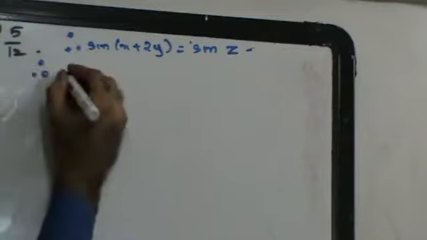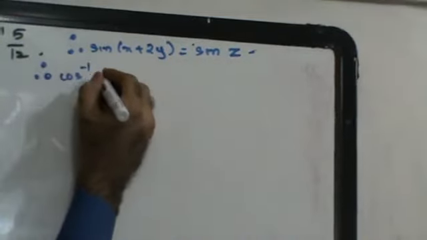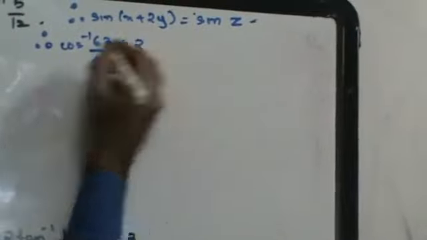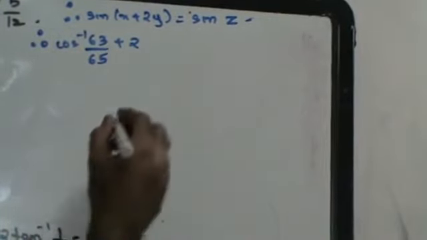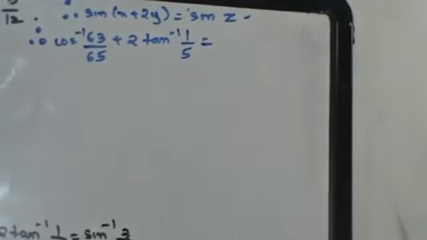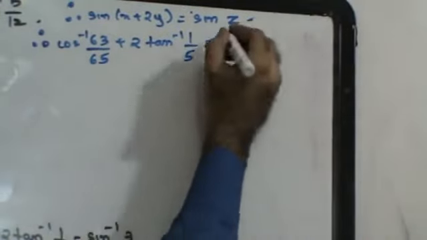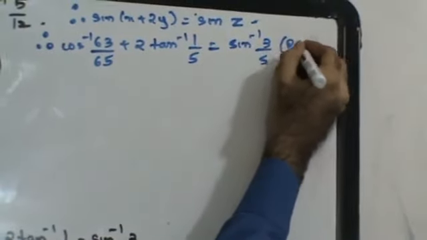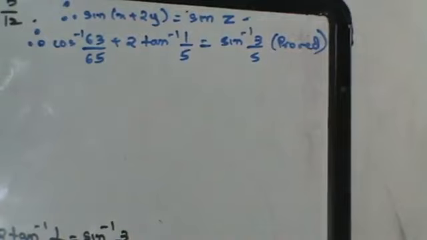We had assumed x as cos inverse of 63 by 65 plus twice y. Y we've assumed as tan inverse of 1 by 5 is equal to z. Z is sine inverse of 3 by 5. That's how you prove this.